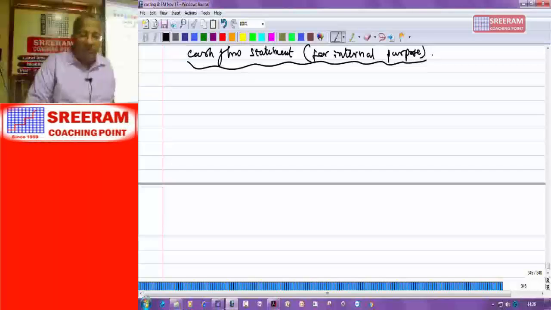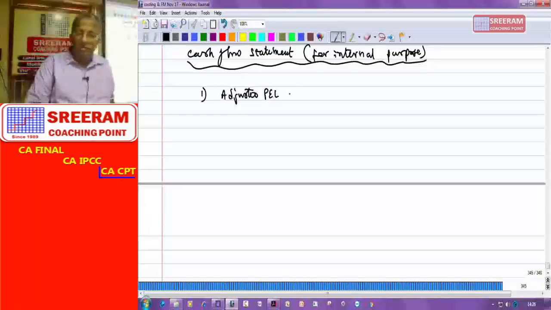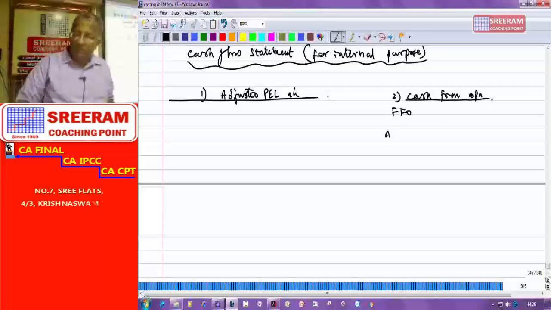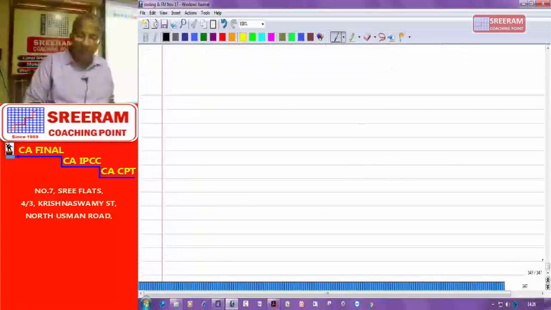Number 1, adjusted P&L account. 2, cash from operations. So under that, funds from operation, add, less, then you will have number 3, cash flow statement.